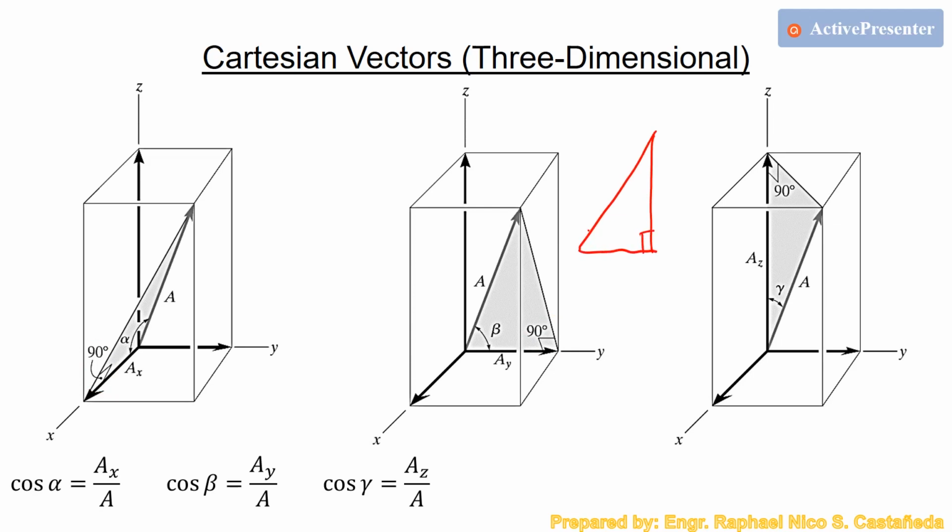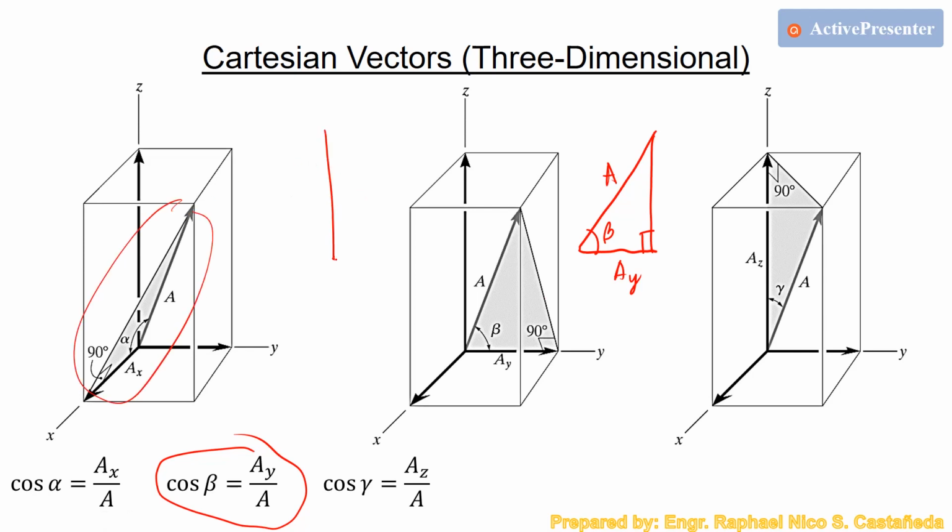This is 90, this is beta, this is Ay, and this is A. So cosine of beta equals Ay over A. Then for this triangle, this is 90, this is alpha, this is Ax, and this is A. Basically, cosine of alpha is equal to Ax over A.